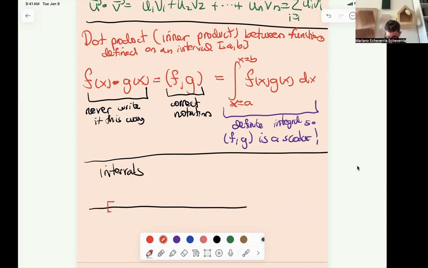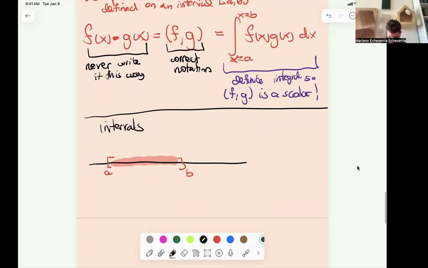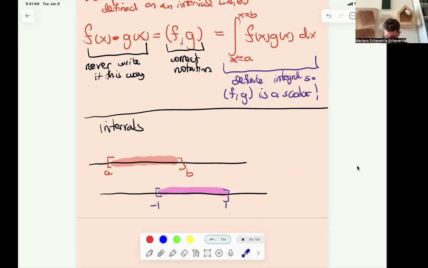If you have an interval a, b, and you have the interval -1, 1, right? You can make a change of variables that will recenter it to be -1, 1.